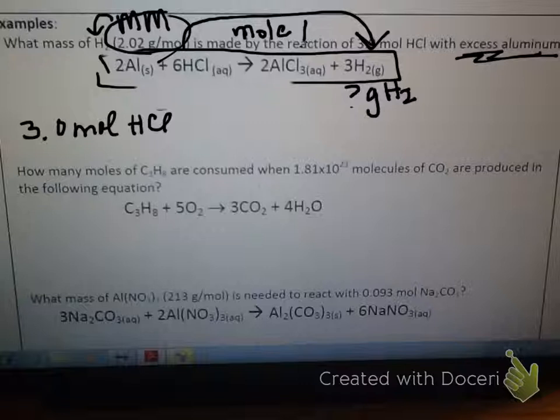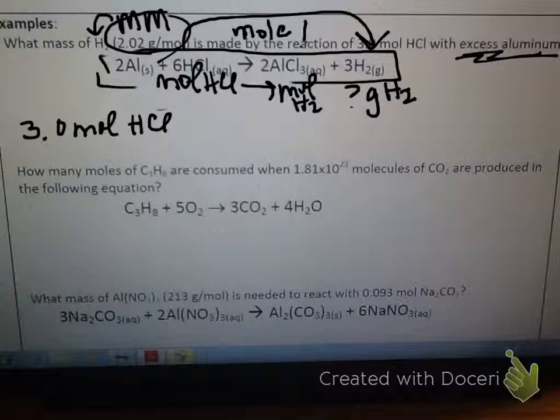Do I need to convert 3.0 moles of HCl into moles of HCl? No. Because I'm already in the mole, I can skip to the second step, which is convert mole to mole, right? So I'm going to convert moles of HCl to moles of hydrogen. So I went into the mole, I didn't have to do that.